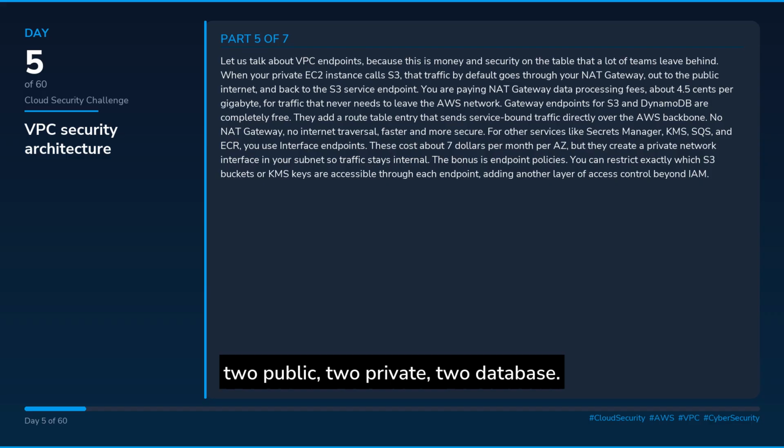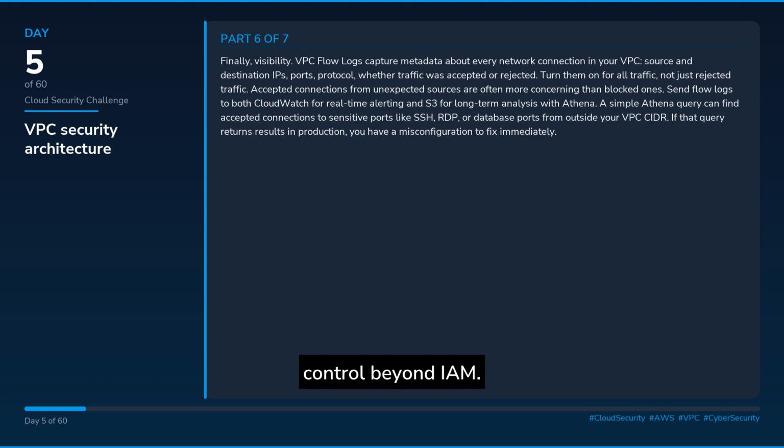VPC Flow Logs capture metadata about every network connection in your VPC: source and destination IPs, ports, protocol, whether traffic was accepted or rejected. Turn them on for all traffic, not just rejected traffic. Accepted connections from unexpected sources are often more concerning than blocked ones.